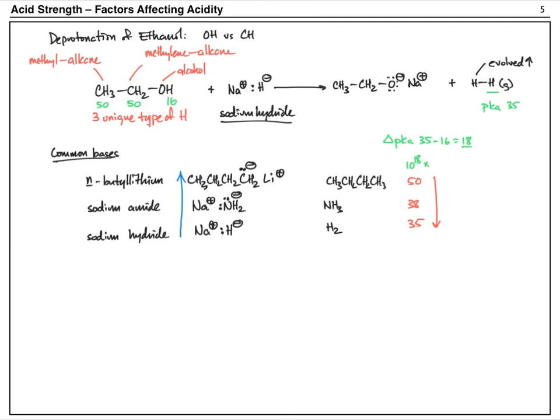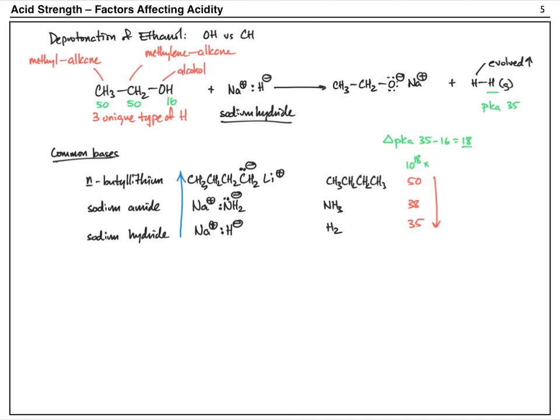So one thing, getting back to our main title, OH versus CH acidity, one thing we do not want to do when we're considering a molecule like this is deprotonate the wrong functional group. Again, we're deprotonating based on the pKa value. The lower pKa functional group is always deprotonated first.